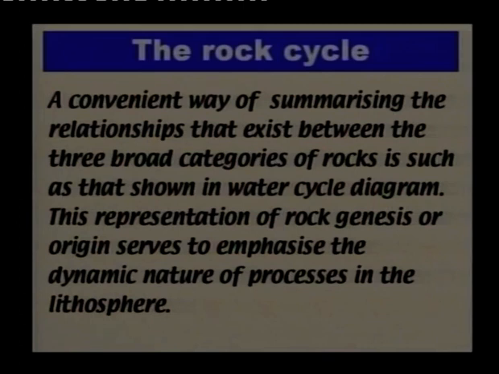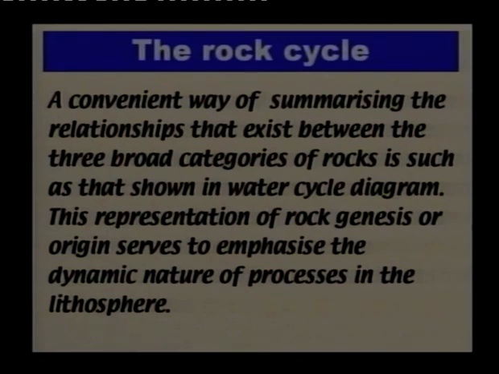So here we have shown examples of how we can display the information about the different processes that are involved in the formation of the 3 groups of rocks on a diagram. This representation of rock genesis, or origin, serves to emphasize the dynamic nature of processes which occur in our lithosphere.